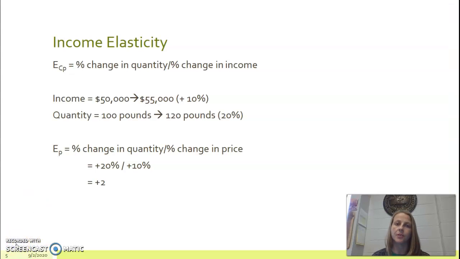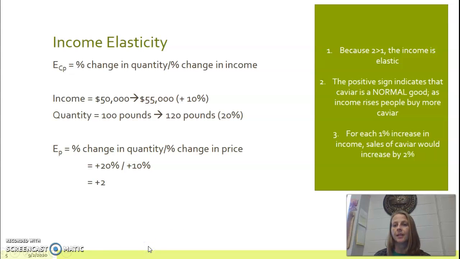So this tells us a few things. Because the 2 is greater than 1, the income elasticity is elastic. The positive sign also indicates that caviar is a normal good because as people's income increased, they consumed more.